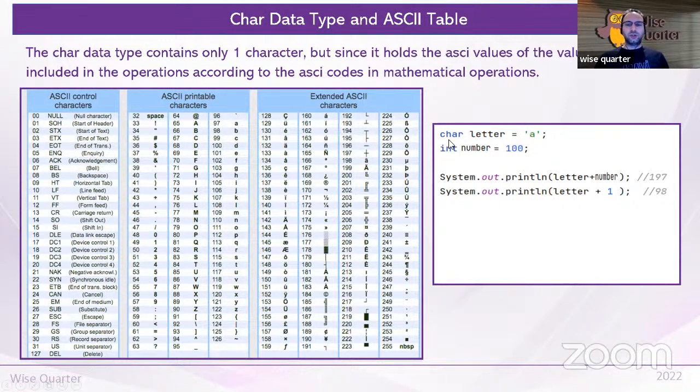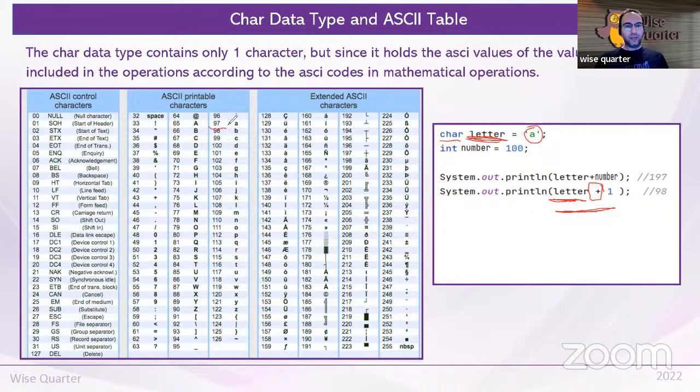When we create a char data type like this one, let me show you. This is the char data type, this is the name, and this is the value. When the char faces a math calculation, it acts like a number.